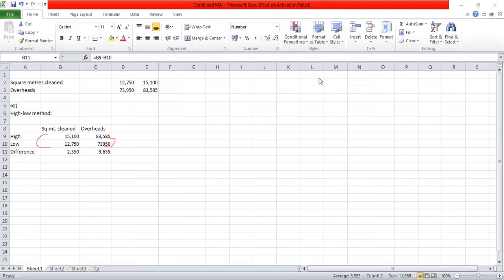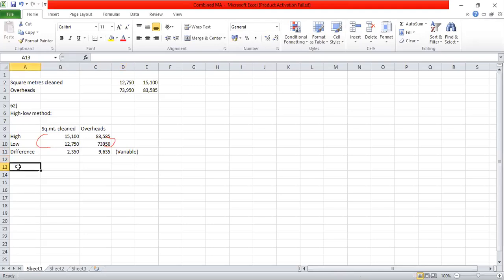Why would it change? It would change on account of the variable cost. Whatever is the increase in cost when moving from low level to high level is all on account of variable cost. So this portion is variable in nature. Let's find out the variable cost per meter.